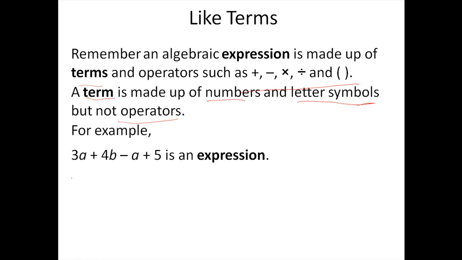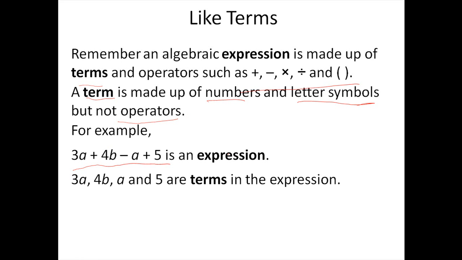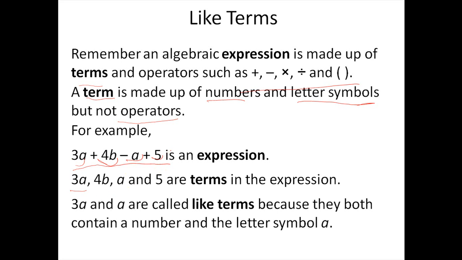So for example, 3a plus 4b minus a plus 5 is an expression. It has several terms in it. We have 3a as one term, 4b as another term, a as another term, and 5 as another term. Now, if you look at this, 3a and a are like terms.